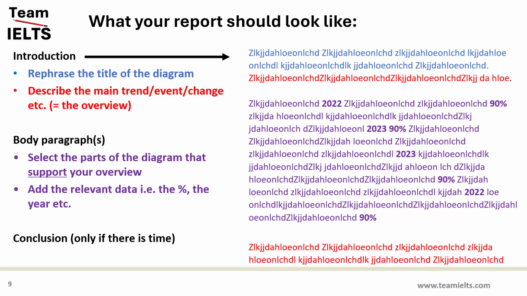Whether you write 1 paragraph or 2 paragraphs depends a lot on the data, how much data there is or diagram type, but in fact, you're not judged or assessed on writing paragraphs until band score 8. So don't worry about whether you write 1 or 2 body paragraphs.